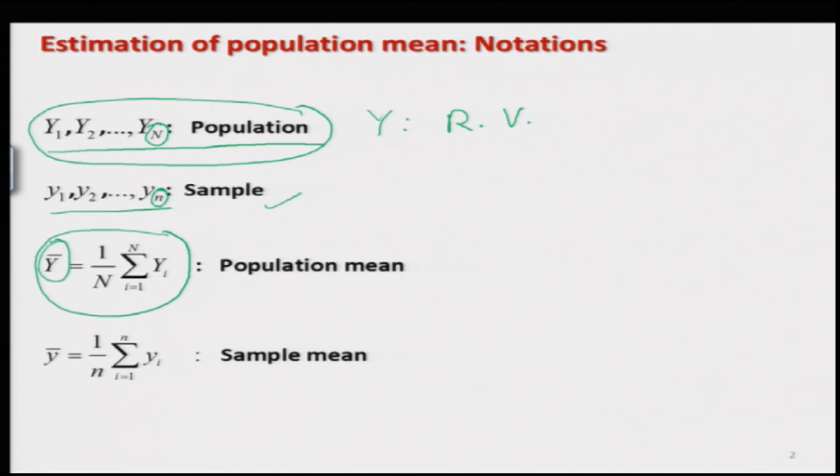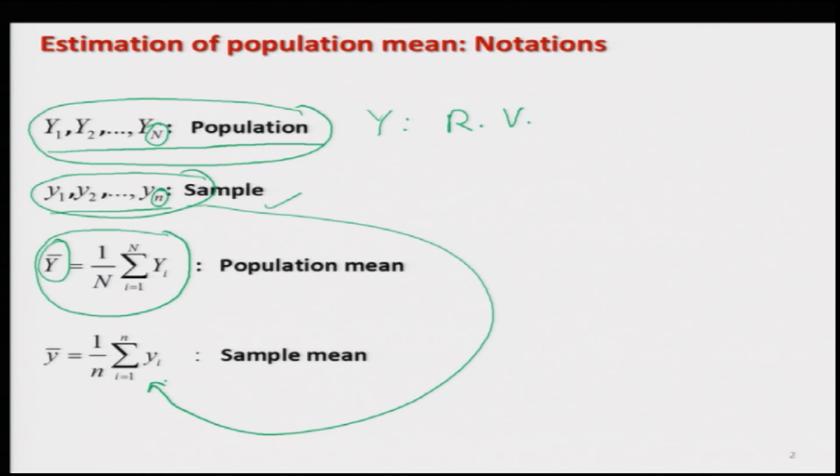That will be our standard notation through the entire lecture on sampling theory, that capital Y bar will be denoting the population mean. And whatever sample you have obtained here, try to find out the arithmetic mean of these values, and this is going to be denoted by 1 upon small n summation i goes from 1 to small n yi, and this is my small y bar. This is denoting the sample mean, and the same notation will continue throughout the lectures on sampling theory.